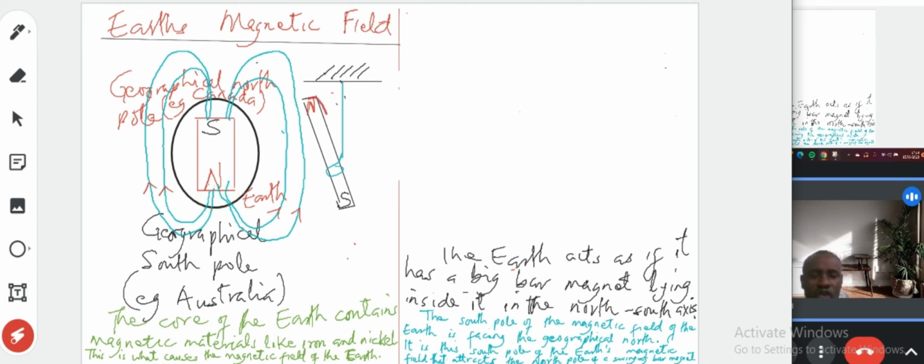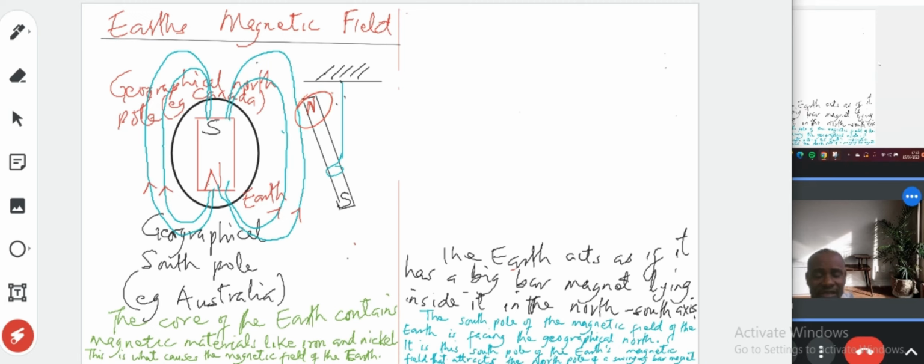So when you suspend a bar magnet... What do you mean by suspend? Okay, just like you attach it to a string. Can you see my hand? Like I'm holding it by means of a string, and it is held horizontally like this. If it is suspended, it will swing for a while and then eventually stabilize.